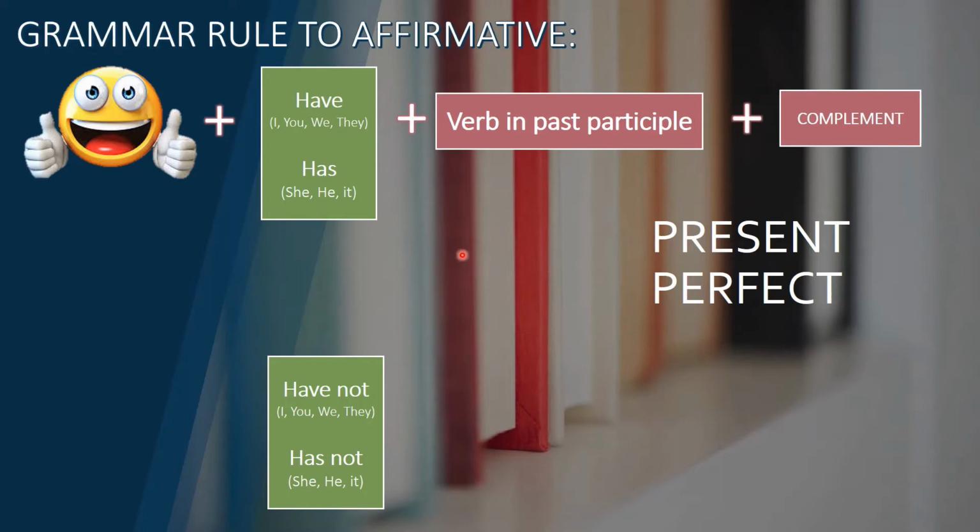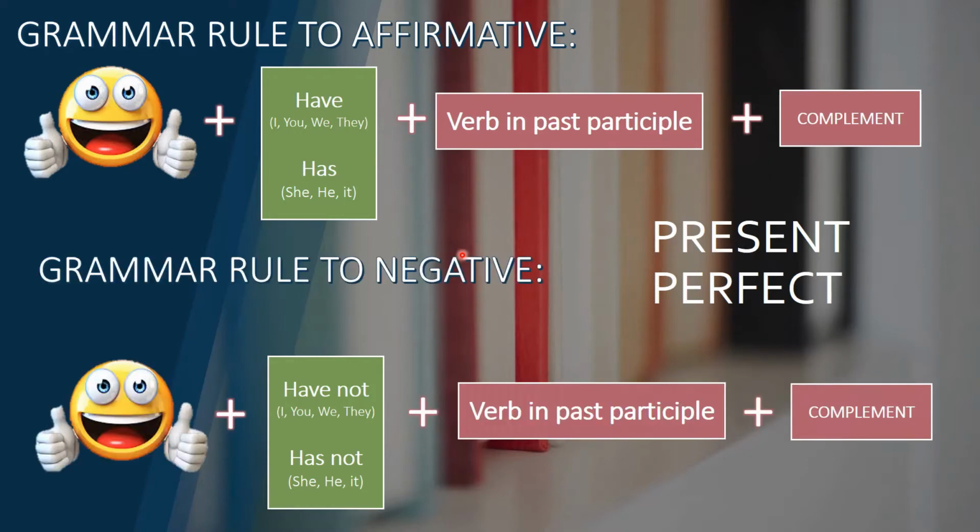We are going to see some examples later, but before, now let's attend the grammar rule for negative. You have your personal pronoun plus have not, if you have I, you, we, they, or has not, if you have he, she, it, plus the verb in past participle, plus the complement.